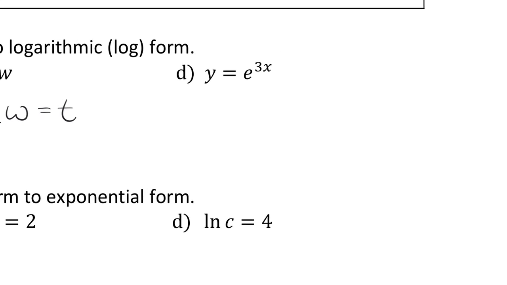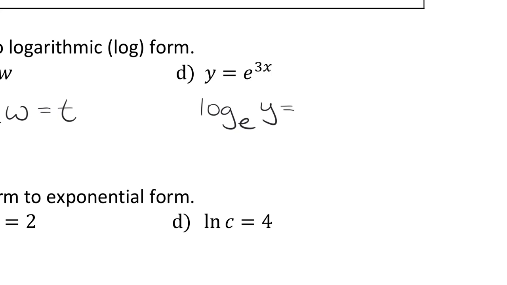Now what about d? What is the base here? e. Very good. So the base, remember, is the thing with the power. So the thing that has a power right now is e. So my base is e, and I'm going to switch what was the output and the input. The output was y, which means that becomes the input.